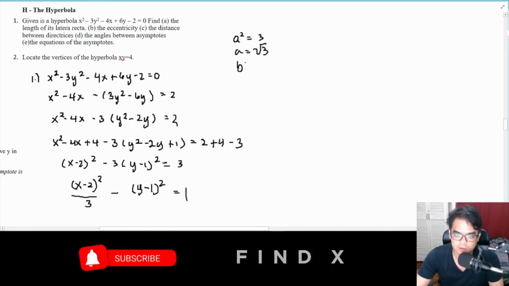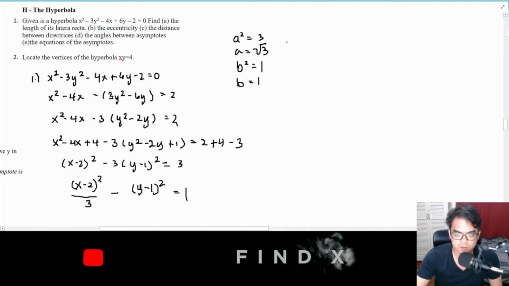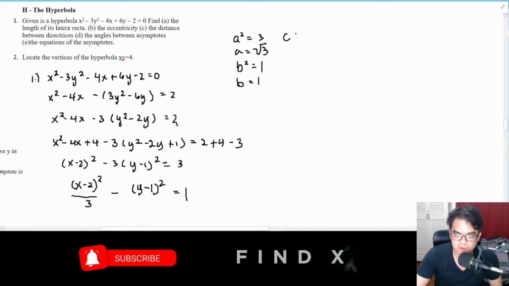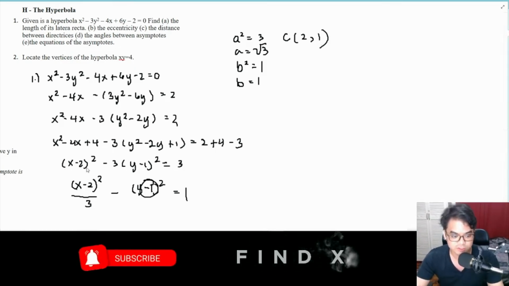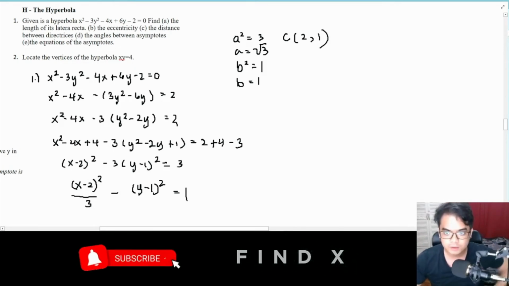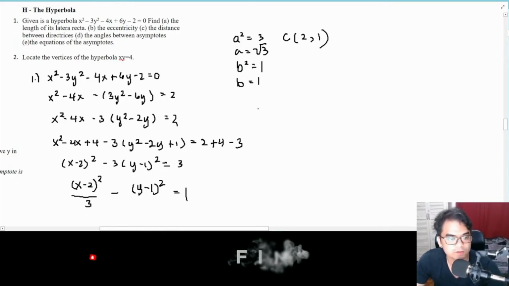And then b squared is equal to 1, so b equal to 1. And then we can also find the center. By comparison, the center is at 2 and 1, so you have to change the signs.